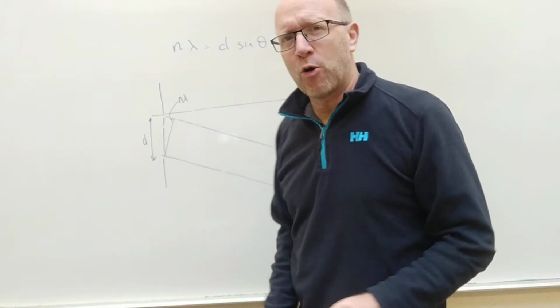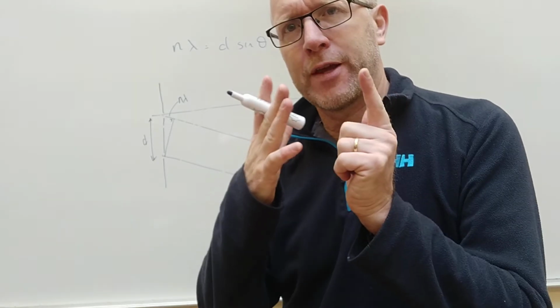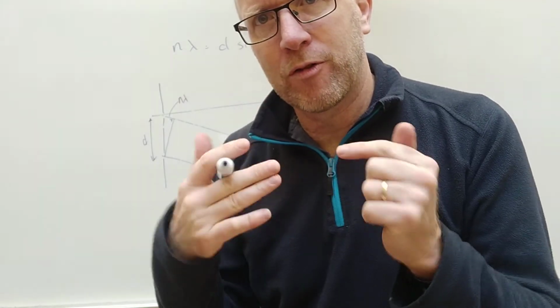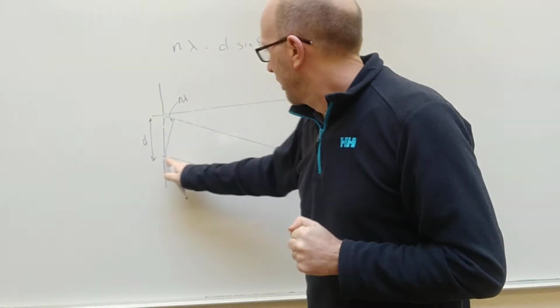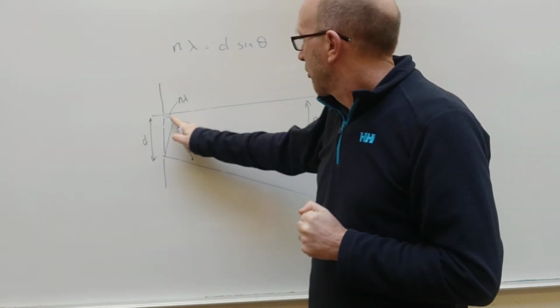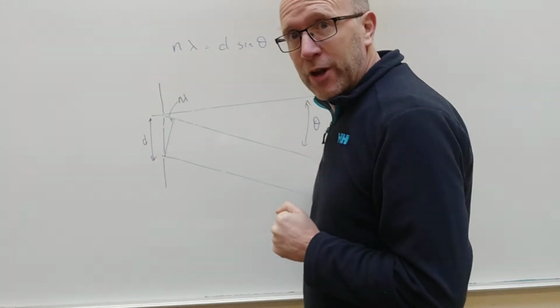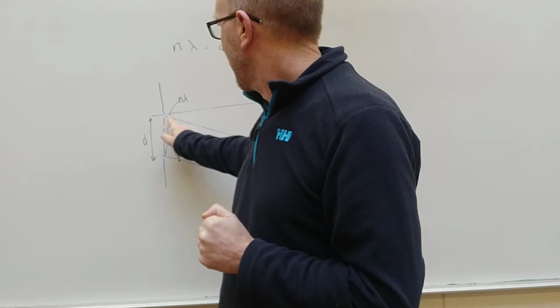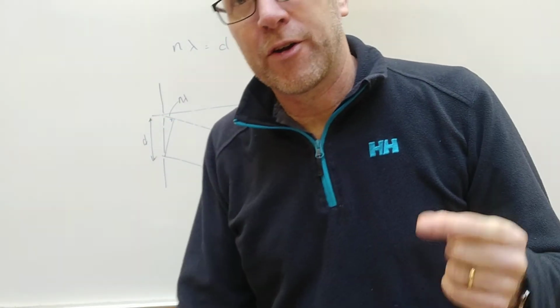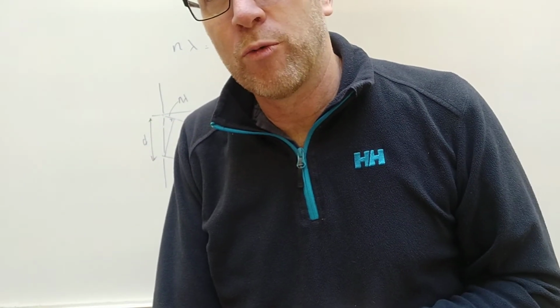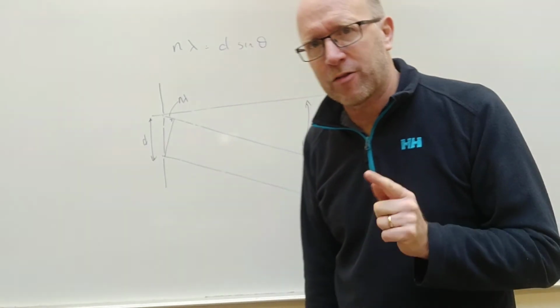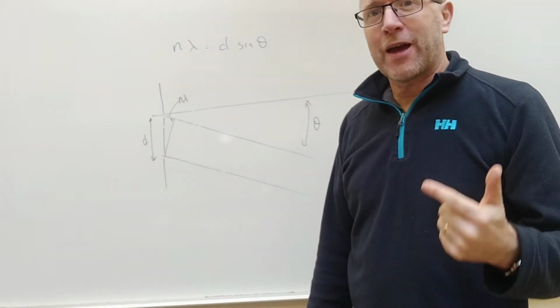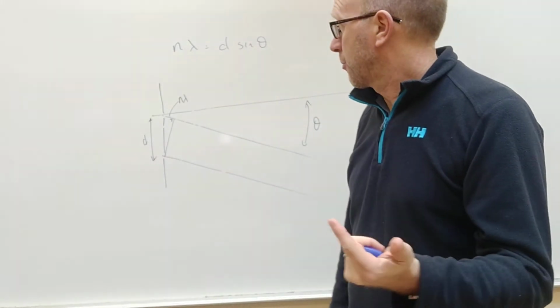It must be a whole number of wavelengths for the crests to meet again. Crest here, crest at the screen, crest here, crest at the screen, because it's the same distance. This extra little bit has to be one or two or three or four wavelengths, otherwise you won't have a crest meeting a crest. That's the crucial point. If you get that, we're pretty much sorted.